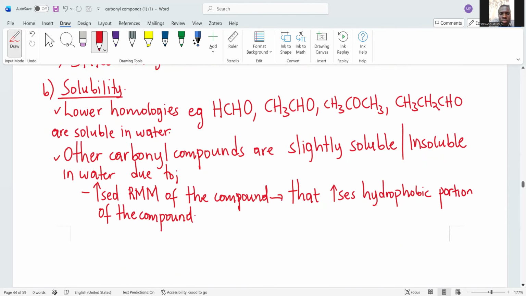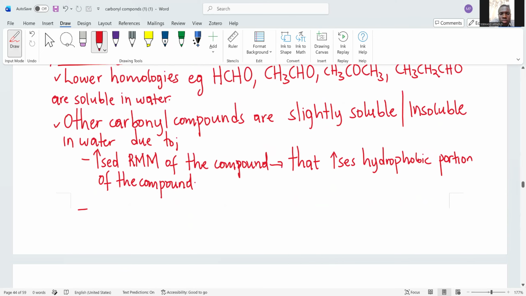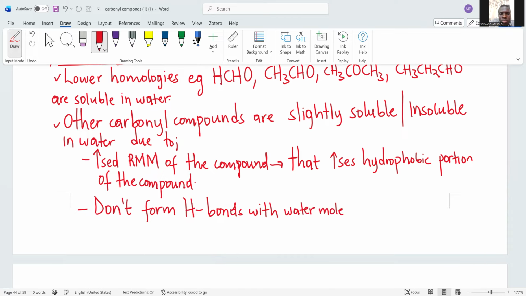The other reason is that they do not form hydrogen bonds with water molecules. I hope you know what a hydrogen bond is. Let me know.